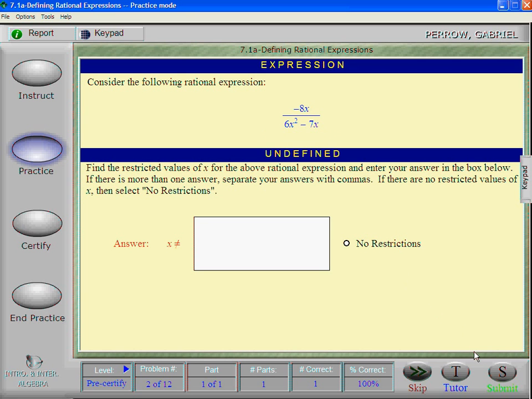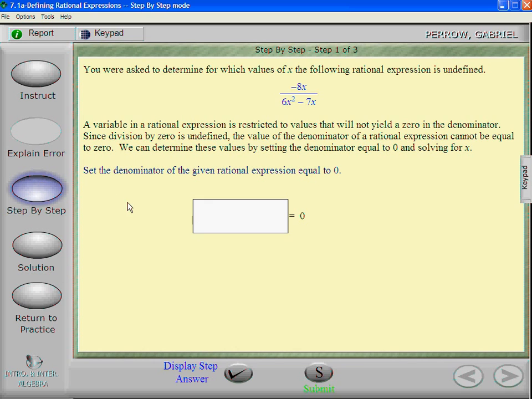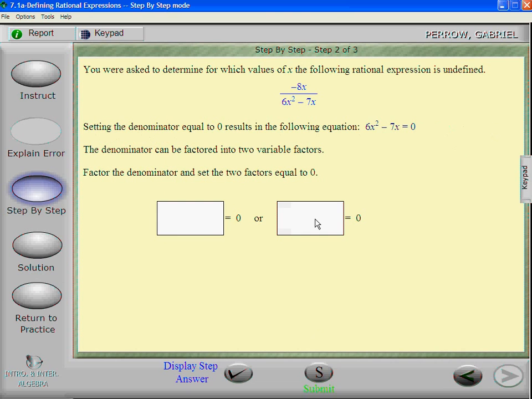Okay, so if I go to tutor mode, they're going to ask us the same type of thing. Previous question asked this first where we said, what is the denominator? Set it equal to 0. And then they say there's two factors.